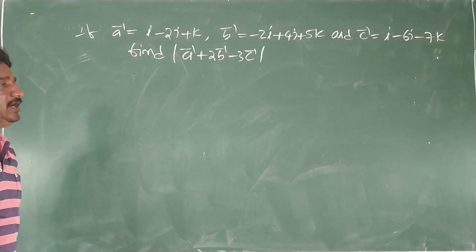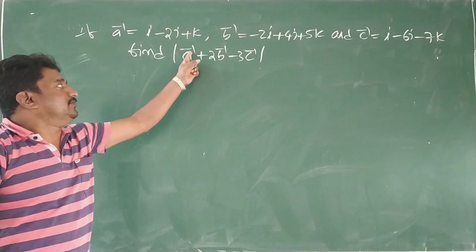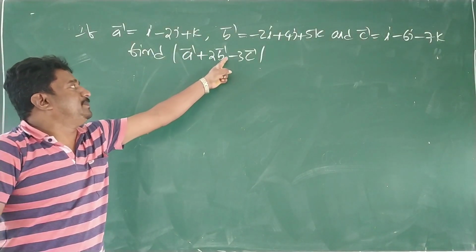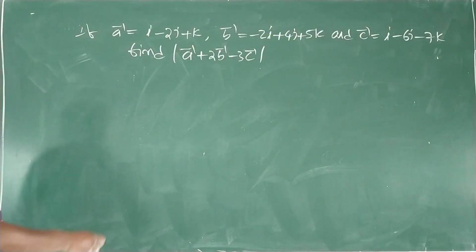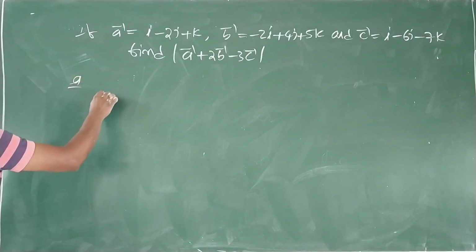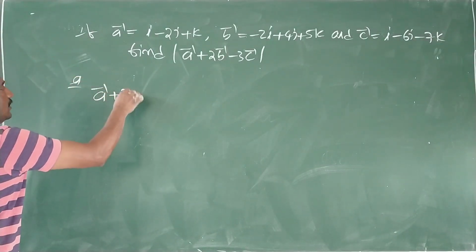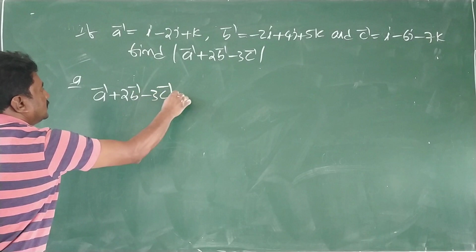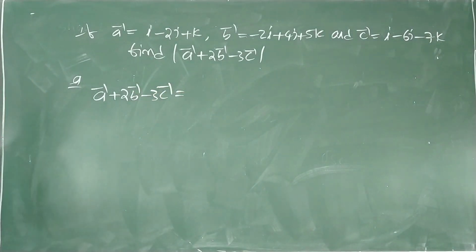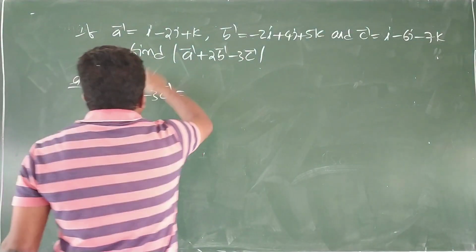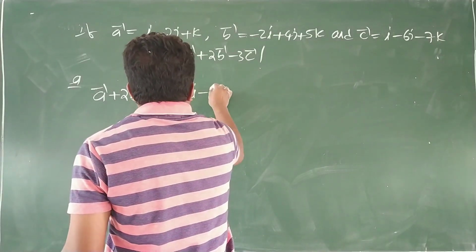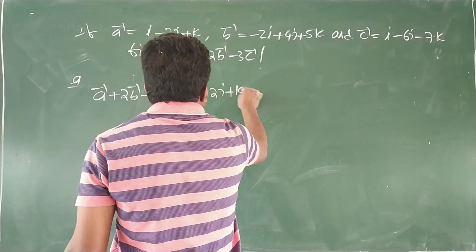First you calculate vector A plus 2 into vector B minus 3 into vector C. Substitute for vector A: i minus 2j plus k.